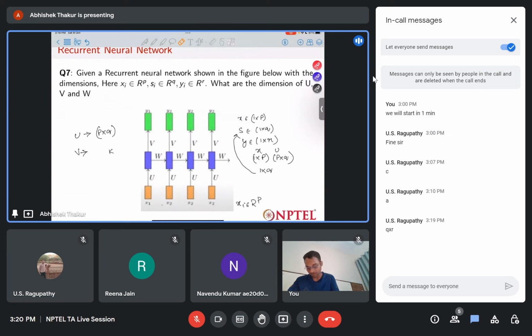So here our s is 1 cross q. I will write it separately. S is 1 cross q, y is 1 cross r. So what will be v?